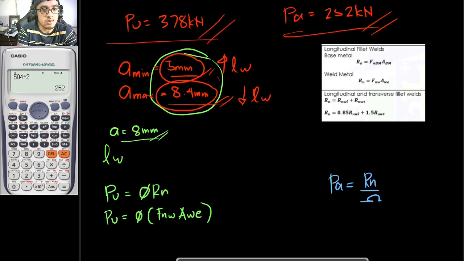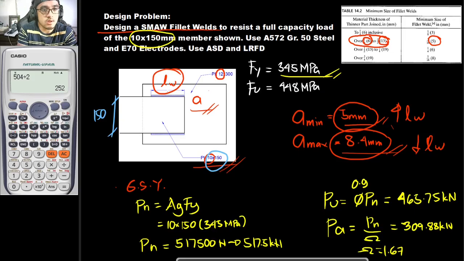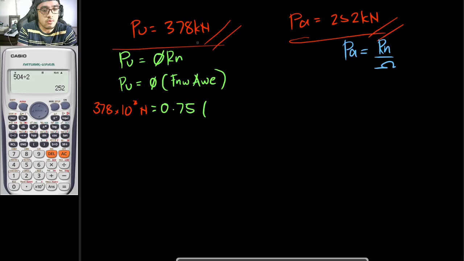Since we are to use E70 electrodes, that is equal to 60% of our E70 electrode. And our FE70 is equal to 70 kips per square inch, since that is the label of our electrode.